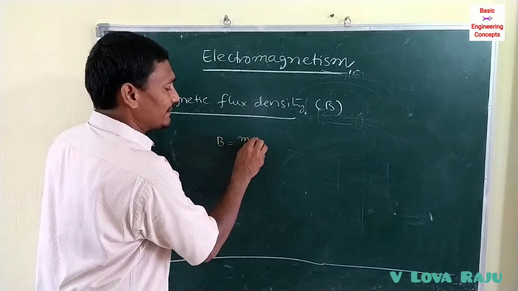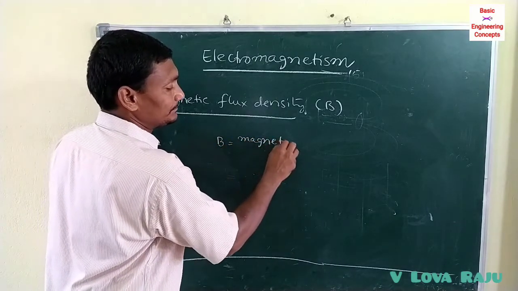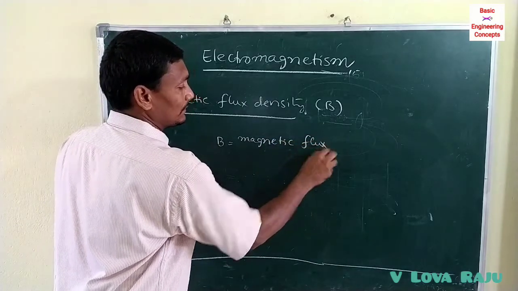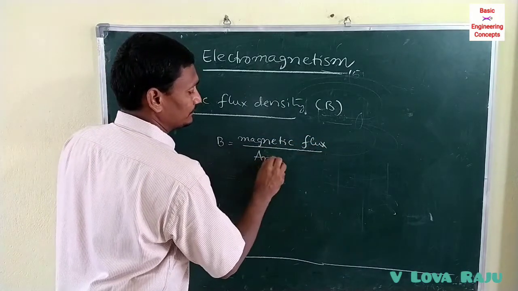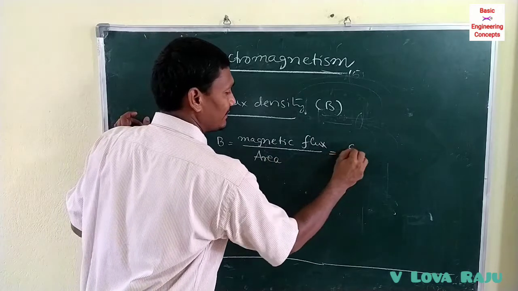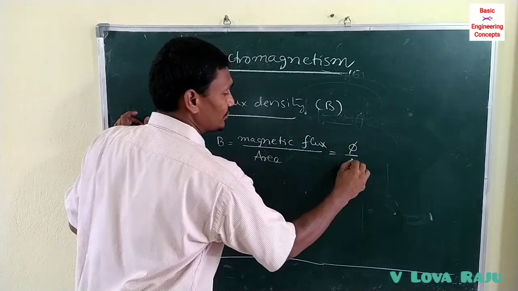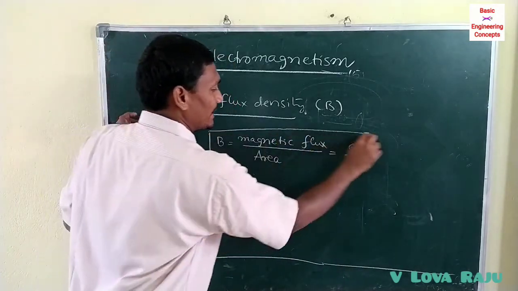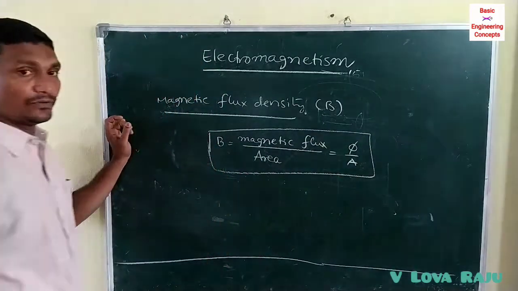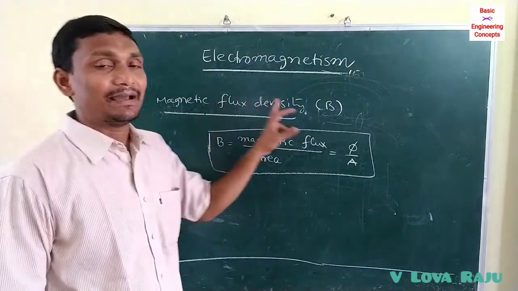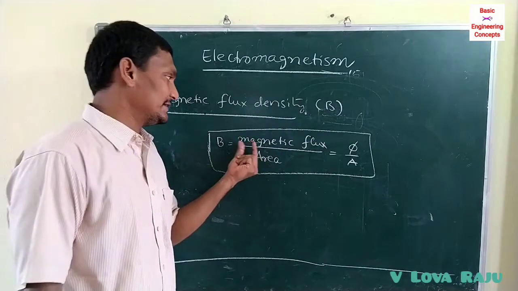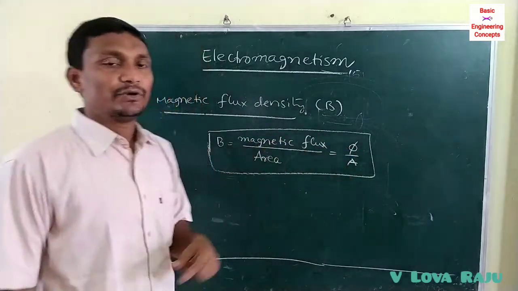That is, magnetic flux per area, where magnetic flux is denoted by phi and area is denoted by A. The magnetic flux crossing per unit area is called magnetic flux density.